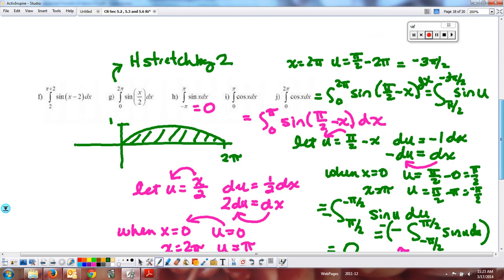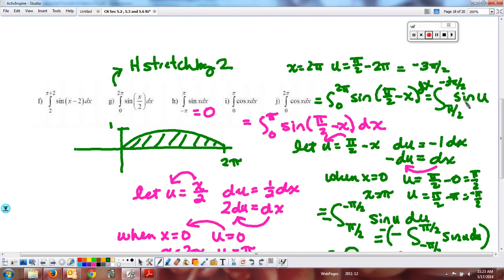But it will matter up here, so I'll make sure I put it in. So it's sine of u negative du. I'm going to put the du and put the negative on the outside, and that way I don't even have to worry about it. I know it's large to small, but when I switch it, it just becomes the integral of negative 3 pi over 2 to pi over 2 of sine u du.